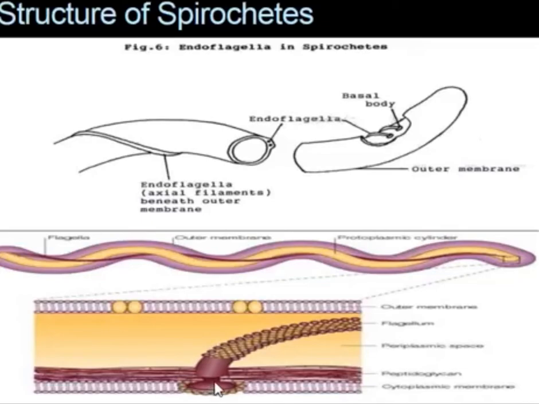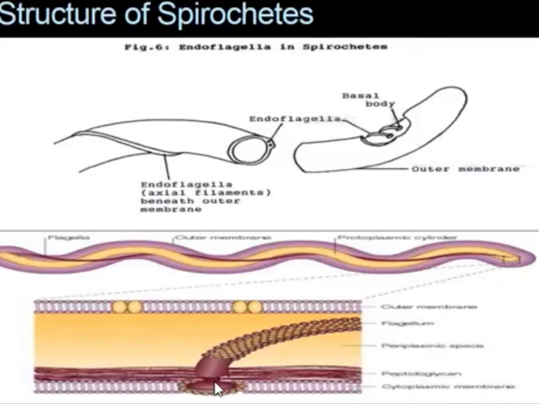That is why it gives an intertwining or coiled wrapping appearance to the cell wall or body of the spirochete organism. Now, because the endoflagella or the periplasmic flagella is wrapping around the coiled body of the spirochete organism, that will give the spirochete organism a unique type of motility.